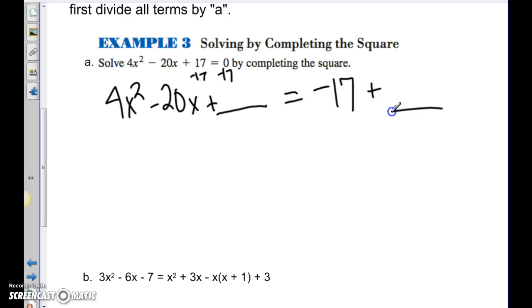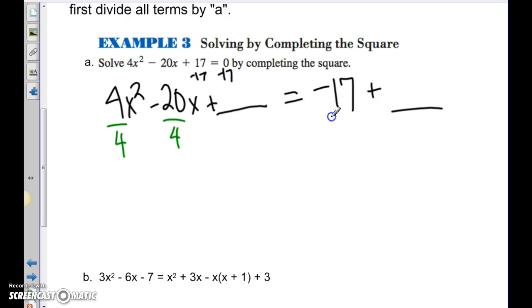Well, let's go through. I look right away and I think to myself, that 4 is gross. I don't want the 4 there. So what I'm going to do is divide everything by 4. I already moved that 17 over. So now to get rid of this beginning 4, I'm going to divide by 4.